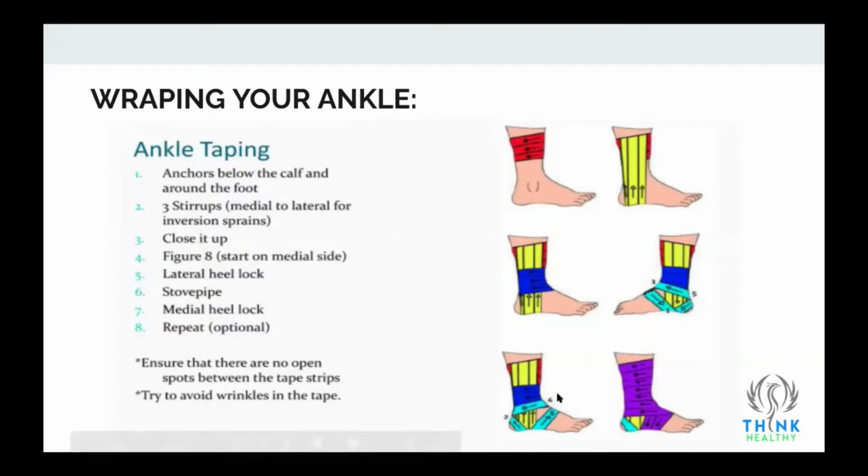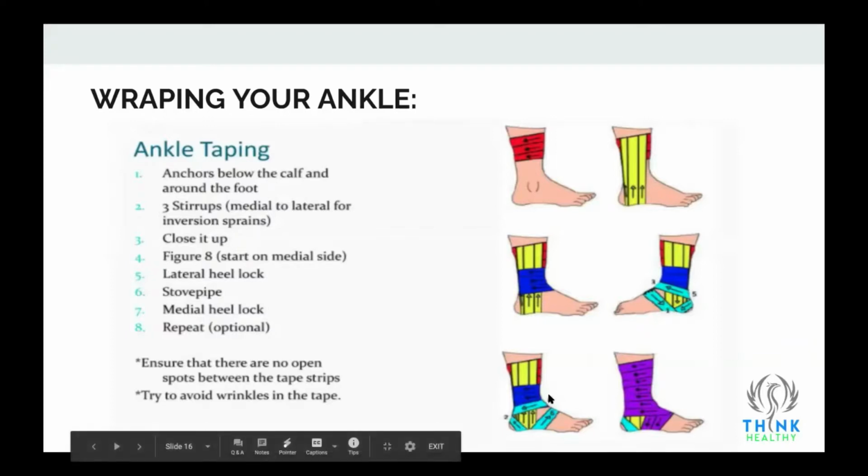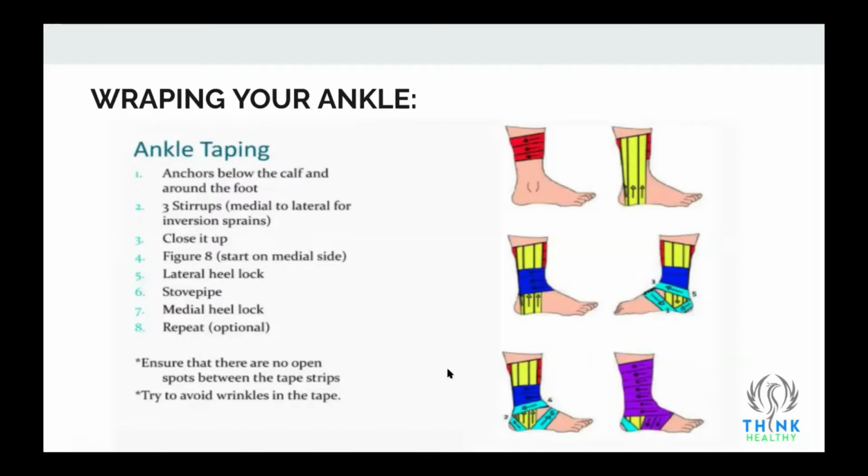Then we definitely want to do another round. So it's 1, 2, 3, 4. You've got the ankle strap, and this is making sure that the tibia, fibula, talus, navicular, and calcaneus are all stable together.